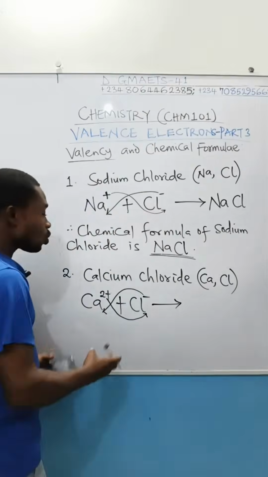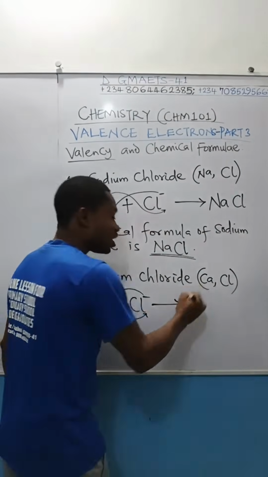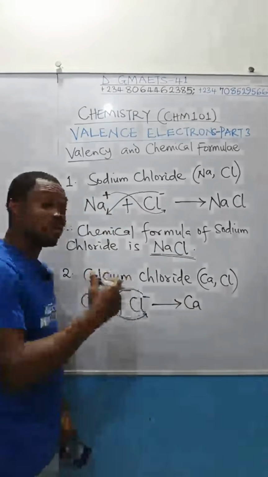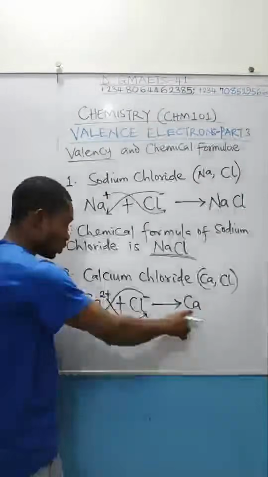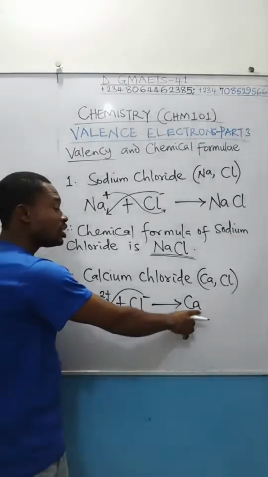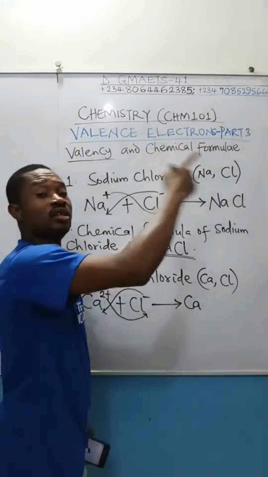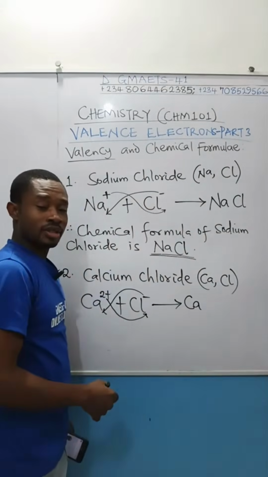Let's move on. So when they combine, what is going to happen? You write the metal first, which is the positive element. If you write the metal first, you have to indicate the atomicity. And the atomicity will be the valency obtained from the non-metal, from the negative element.